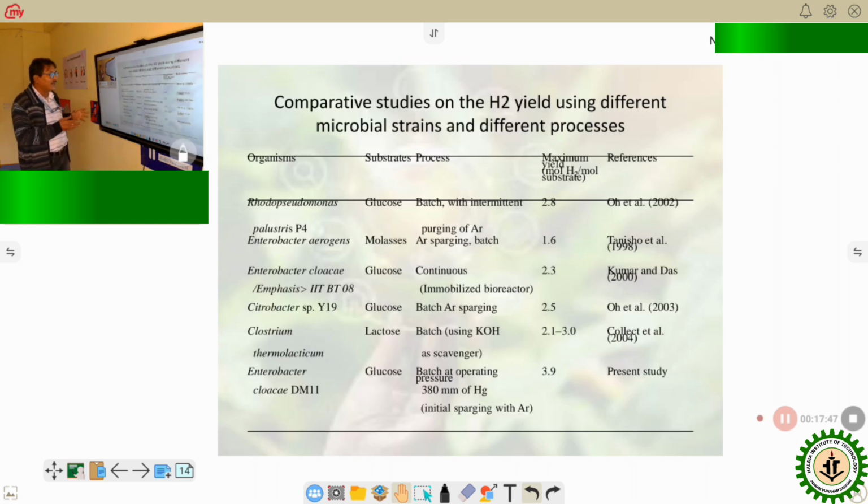So here is the comparative study, which we already explained. You see this one, 3.9, it is achieved using interrupted E. cloacae DM11 double mutant.